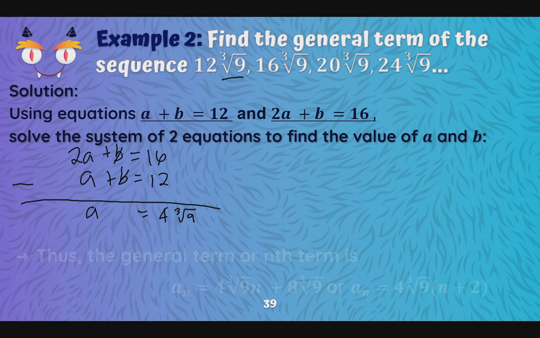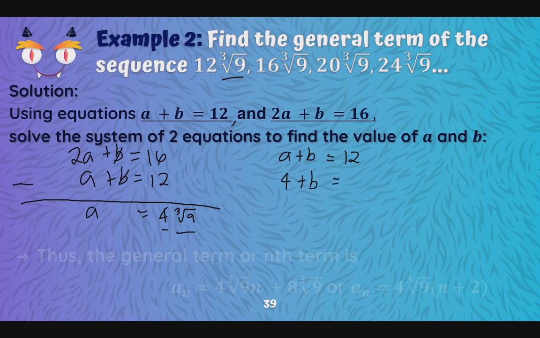Hanapin naman natin ang value ng b natin. For the value of b, 4 muna ang gamitin natin para di tayo malito na value ng a. So, a plus b, gamitin natin tong formula na to, is equal to 12. So, ang value ng a natin, huwag muna natin to isama si cube root of 9 para di tayo maguluhan. So, 4 muna. Plus, b is equal to 12.